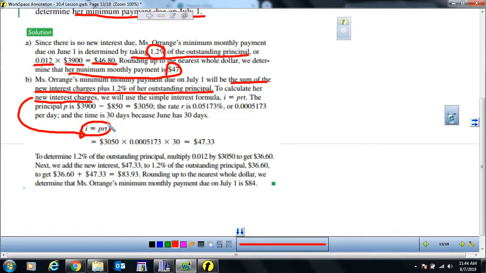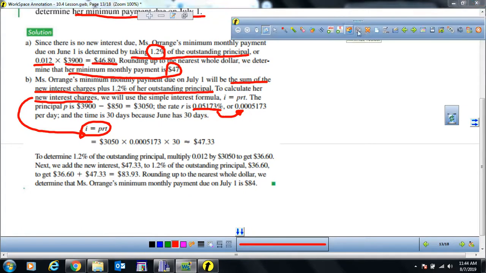$3,050. The rate was given in the reading problem, it's this decimal right here. It's a decimal, but it's a percent. So you have to divide this number by 100. When you divide this number by 100, that's how you get that number. Let me write it in here.